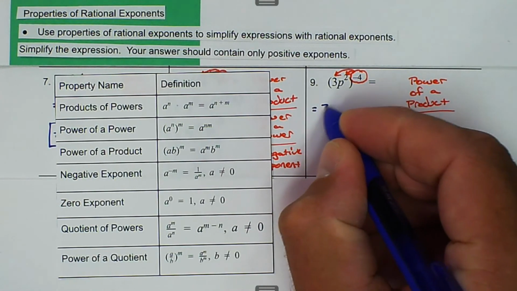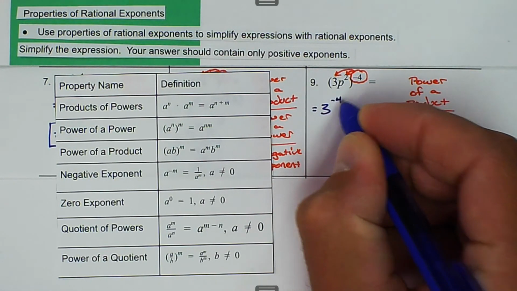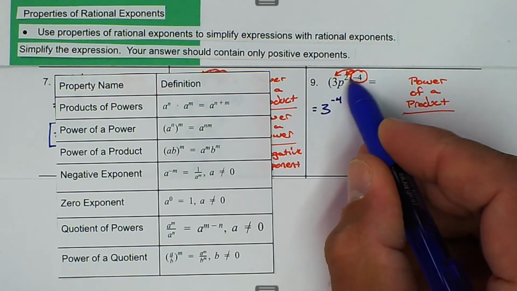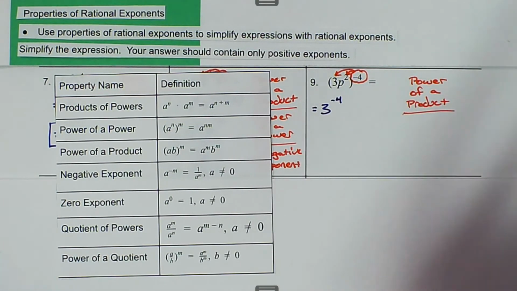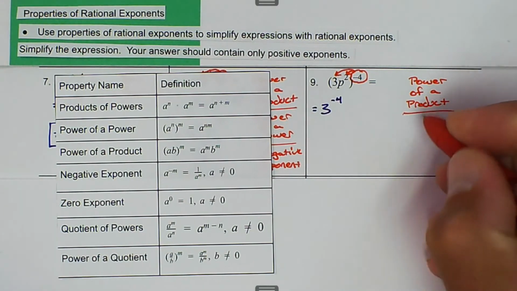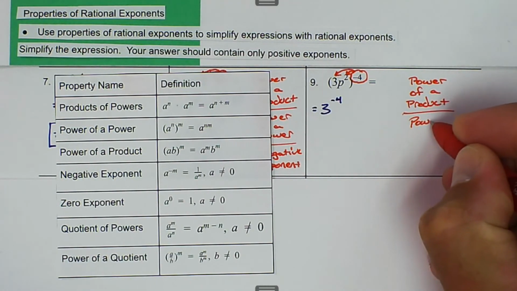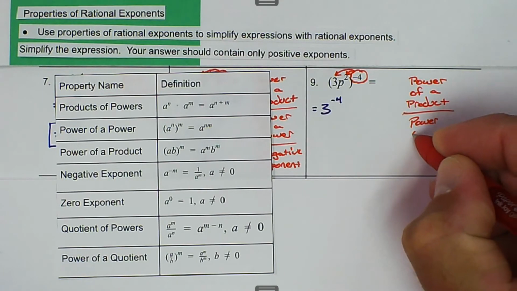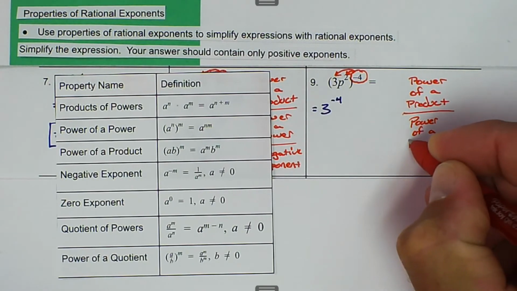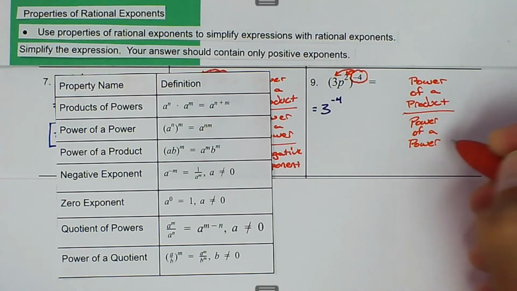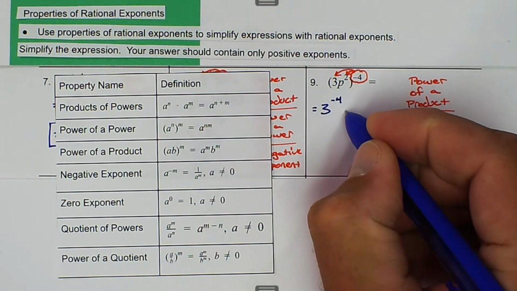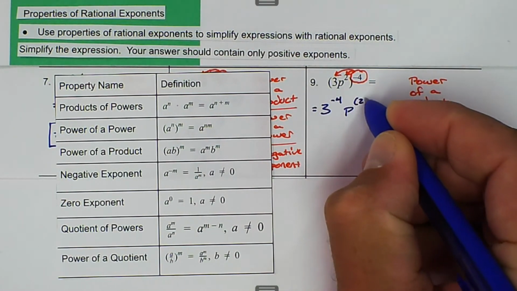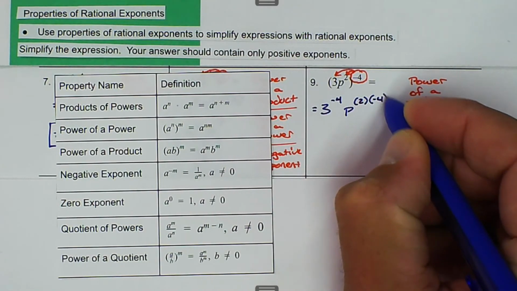So 3 to the -4th power, and then p squared to the -4th, so that's going to be power of a power. So that becomes p squared multiplied by -4.